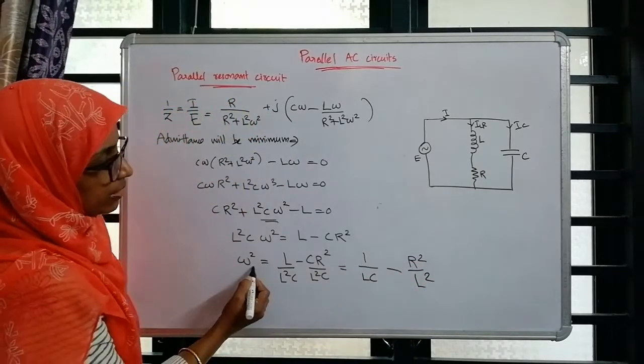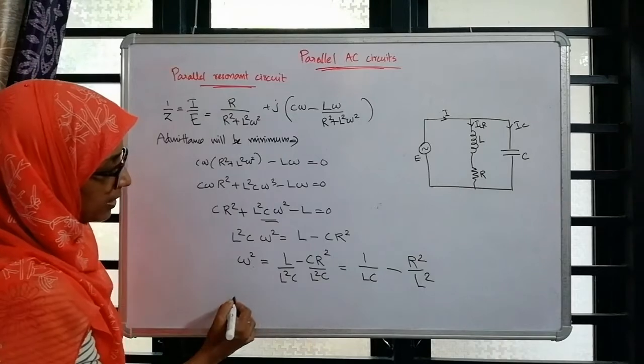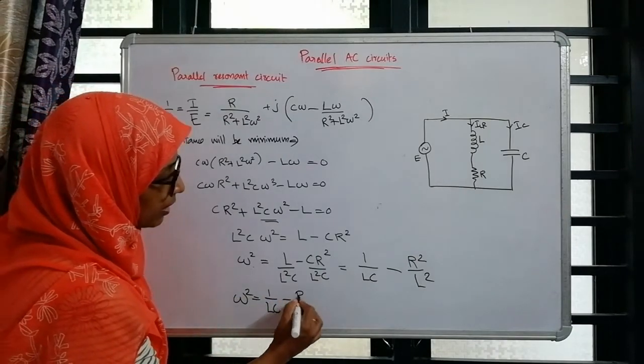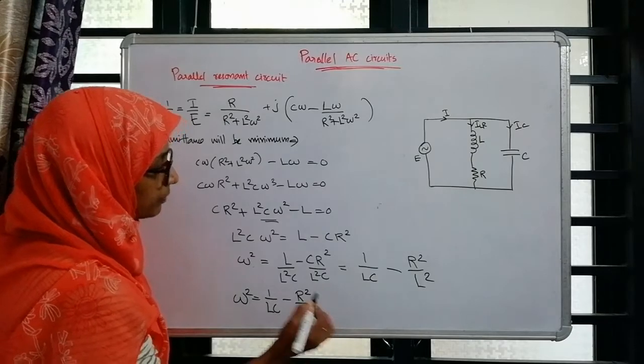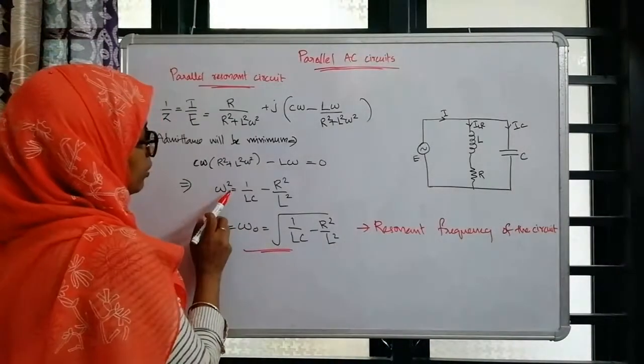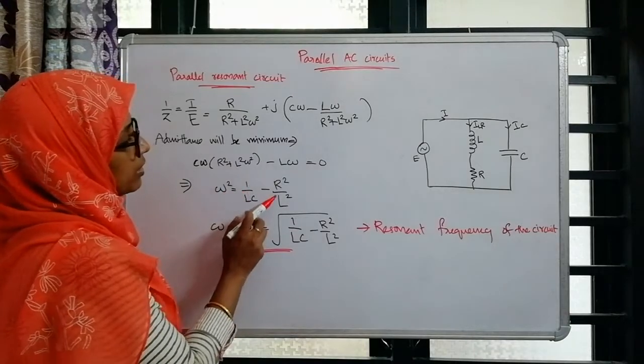So, we got omega square is equal to 1 by LC minus R square by L square.